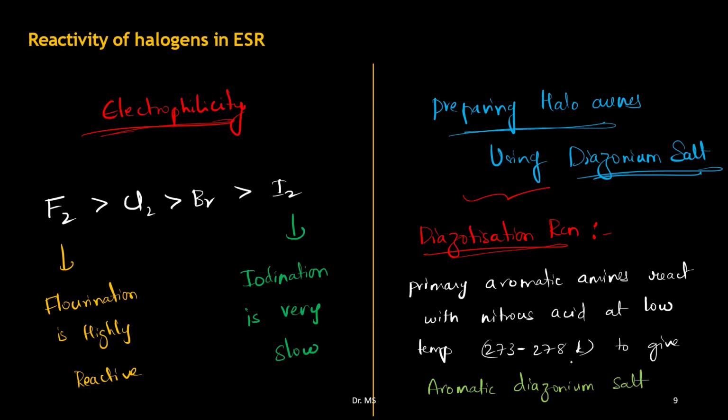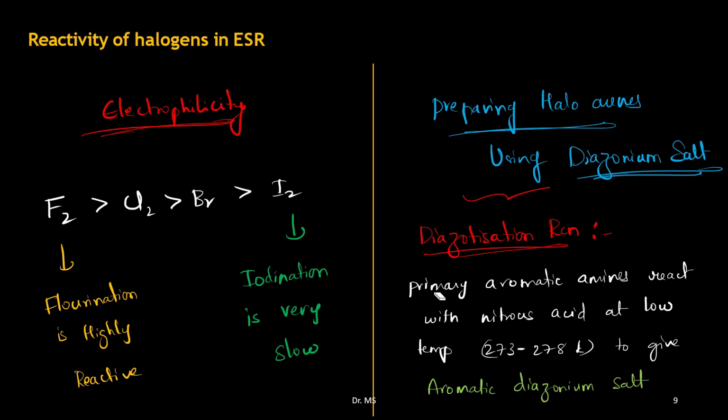This is the diazotization reaction. Understood? What is the meaning of diazotization reaction? So let's see what happens here. We are using the primary aromatic amine, reacting it with nitrous acid at very low temperature so that you get an aromatic diazonium salt.